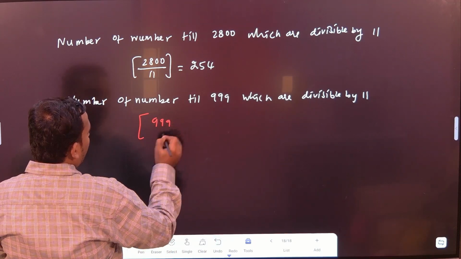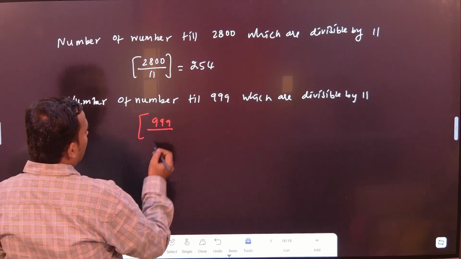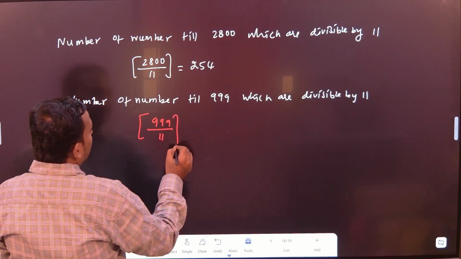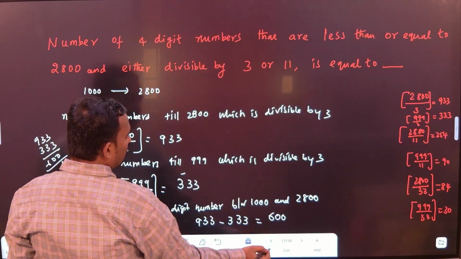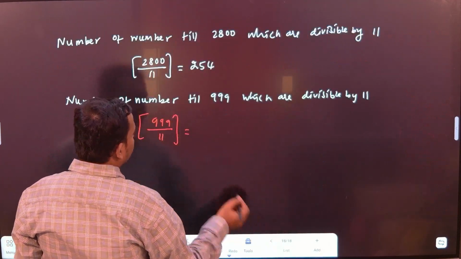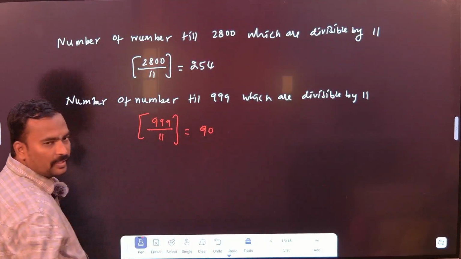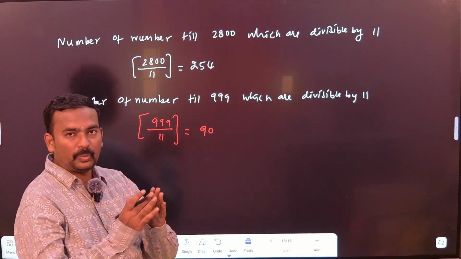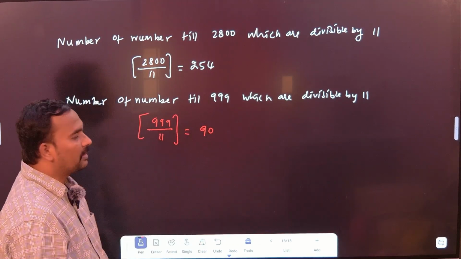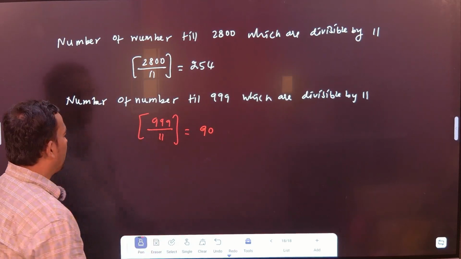The largest 3 digit number is 999 only, divided by 11. So you will get 90, right? 90 is possible. Okay, we need only between 1000 and 2800. Then only you can find the 4 digit numbers, right?